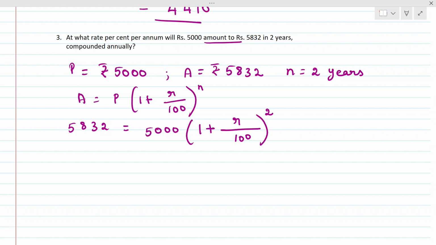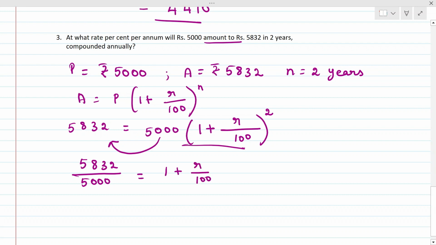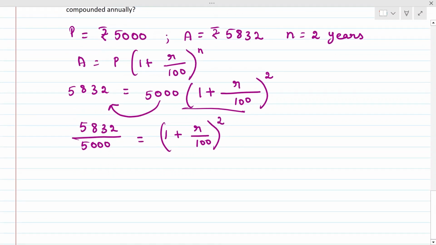Now we have to simplify this side. So for that, this 5,000 we have to send it to the left hand side. 5,000 is in multiplication here. So when it goes down, it will become 5832 divided by 5,000 equal to 1 plus R by 100 the whole square. It will become like this.